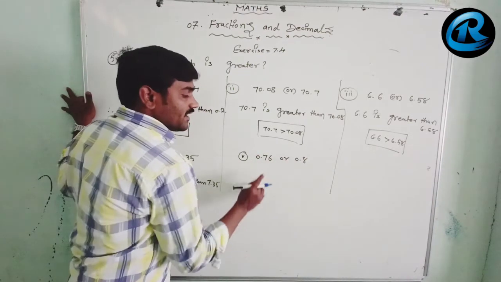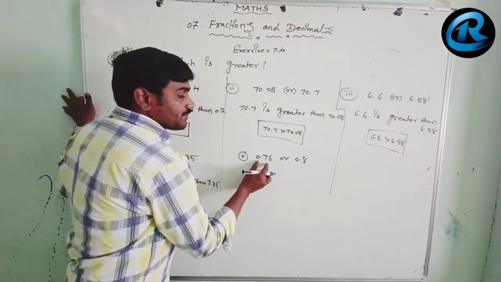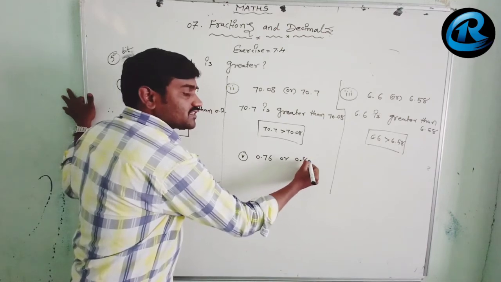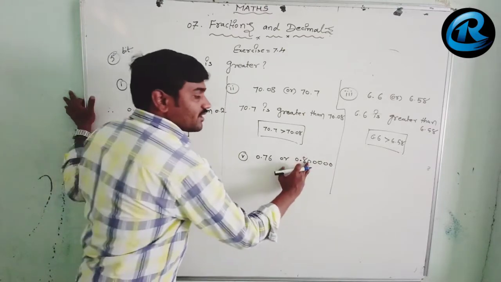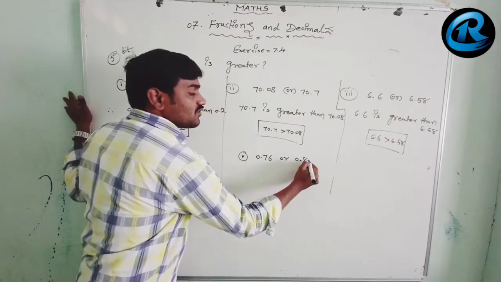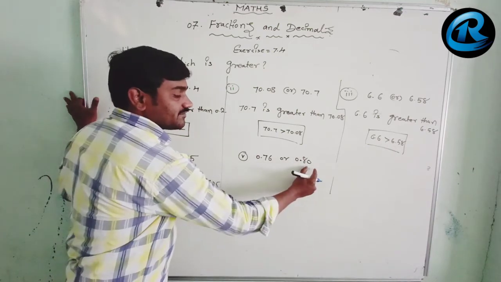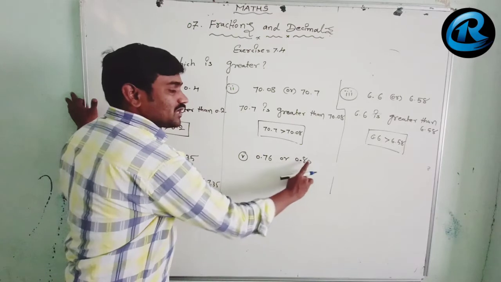Here 0 and 0 are balanced. Next here is 7 and here it is 8. And this 8 also we can write after the decimal point. After these numbers, if you keep a number of zeros, they have no value. If you write a number of zeros also, they have no value. Now you can write like this: 0.76, 0.80. Which is greater? 80 is greater, no? But we should not pronounce like that.